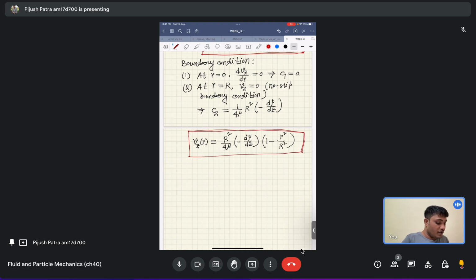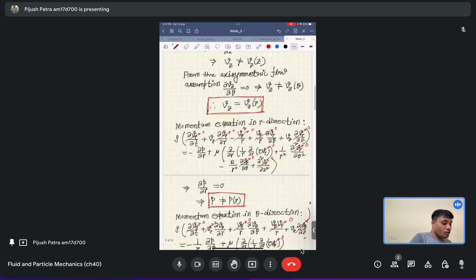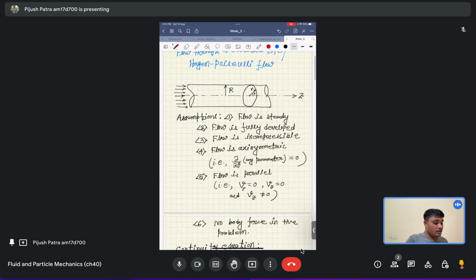velocity profile for flow through a pipe, which you need to remember. That means the velocity profile is a parabolic profile. Okay, how will it look if I draw the velocity profile? I am not drawing at the inlet. There are some reasons for that, because it will take some time for the flow to be fully developed, and my analysis is valid in the fully developed regime. So there is the concept of entrance length, and a boundary layer will develop for that.